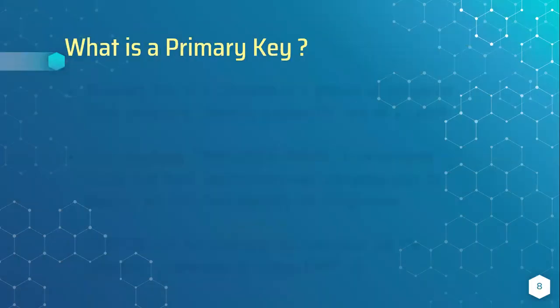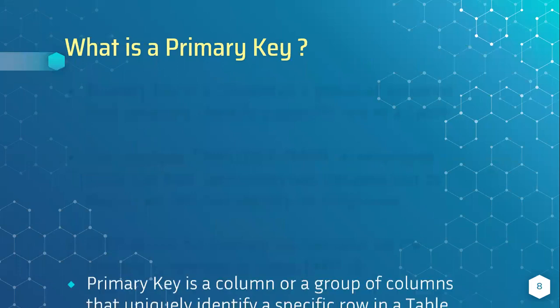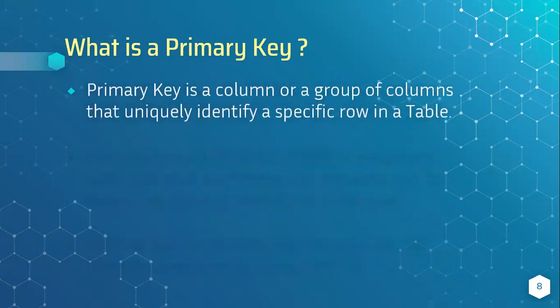What is a primary key? Primary key is a column or a group of columns that uniquely identify a specific row in a table. Suppose if we have 10,000 employees in a company, can we search for a particular employee Sekhar?